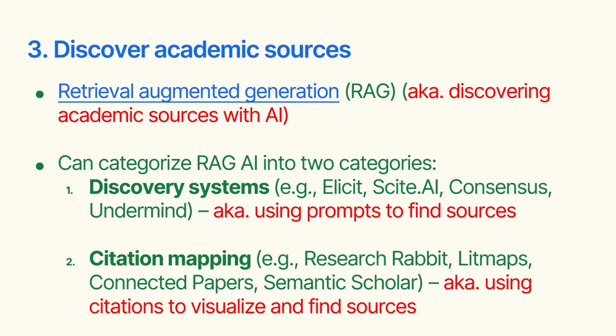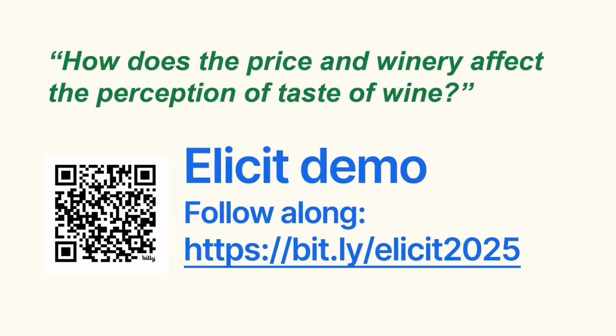Both references or works cited, this is where we're talking about citation chaining, and cited by or other articles that cite that seed article, also known as using citations to visualize and find sources. These are really nice too. Each of these has their place when you're doing this literature search piece of your literature review, and I'll show you an example of each of these right now, I think. Yeah, okay.